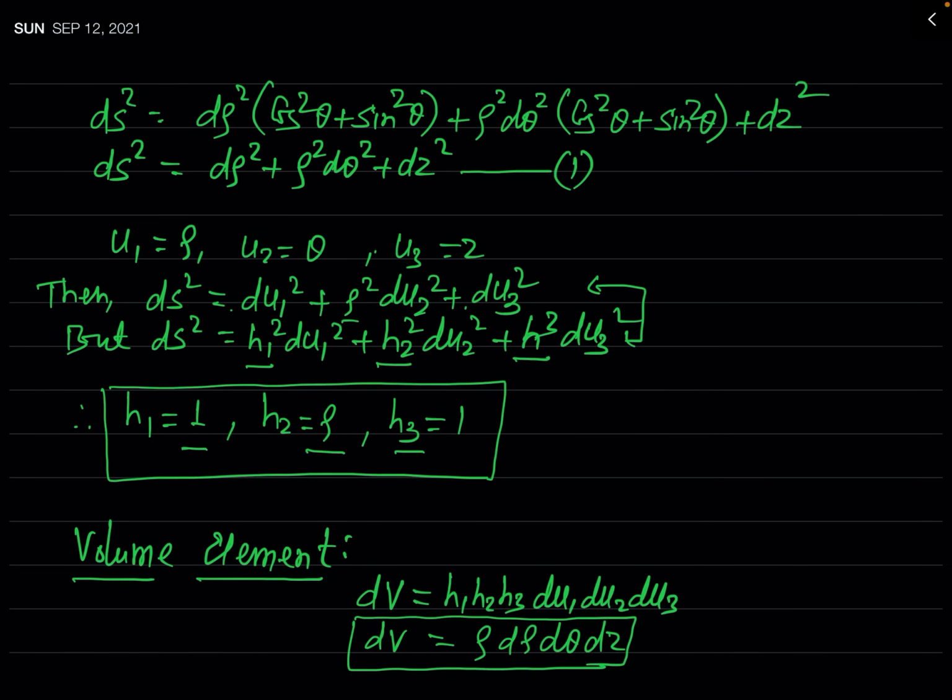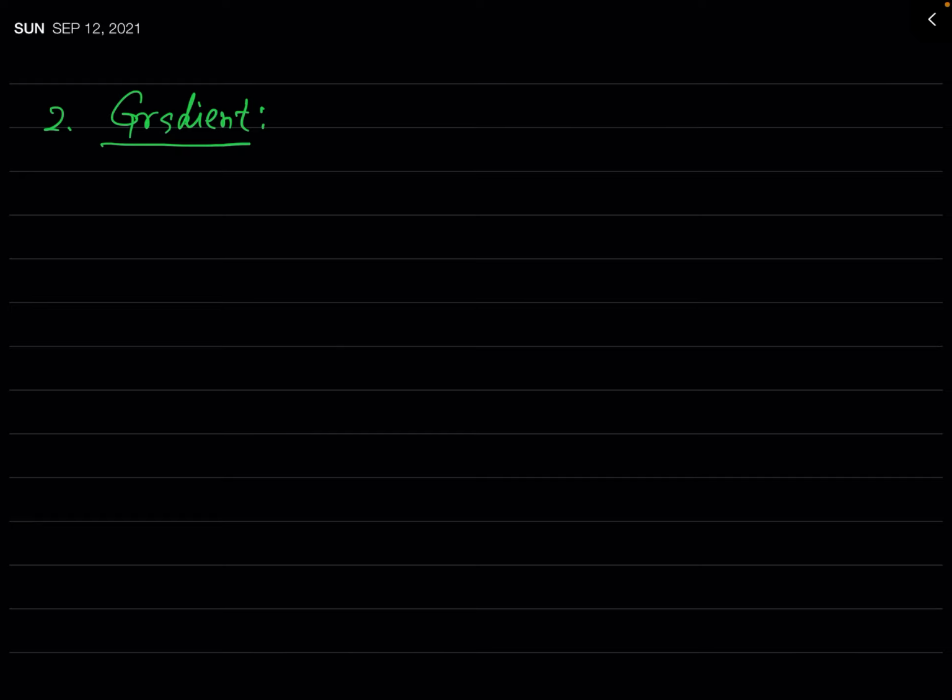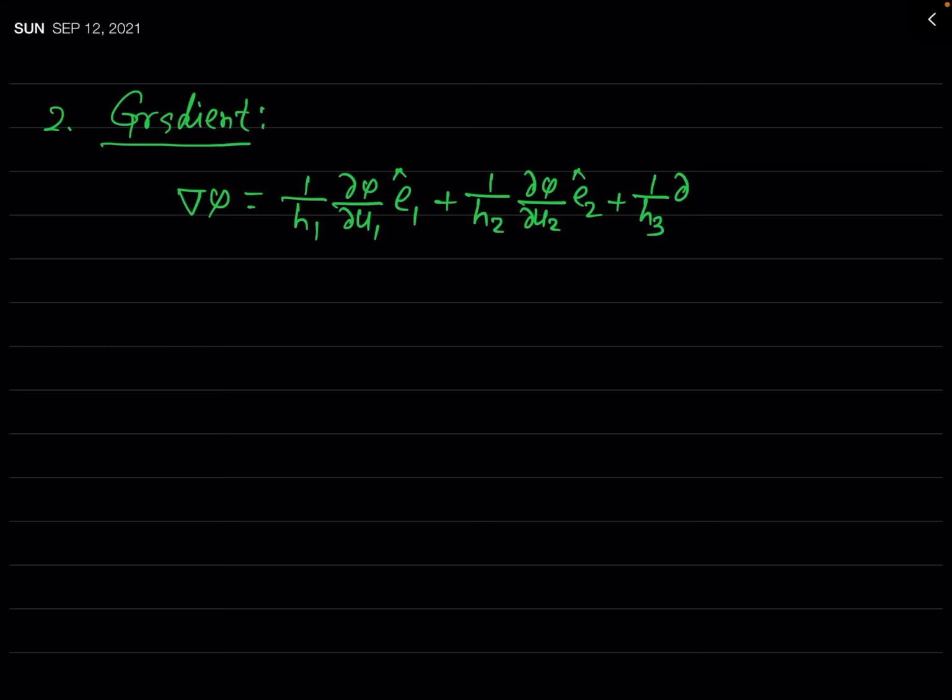And as we know, the general expression for the gradient of a scalar function phi is equal to 1 over h1 del phi by del u1 E1 hat plus 1 over h2 del phi by del u2 E2 hat plus 1 over h3 del phi by del u3 E3 hat.